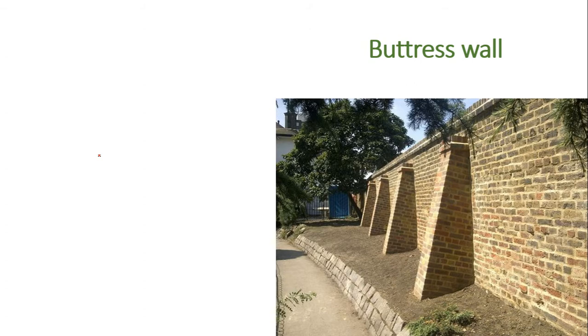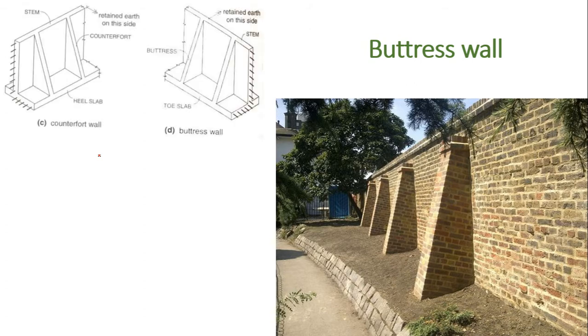Meaning if we see the schematic sketch of that, see here, this buttress retaining wall, this is the stem of the retaining wall, this is the toe slab. So these buttresses are provided on the opposite side. See here, here we have the counterfort wall and here we have the buttress wall.